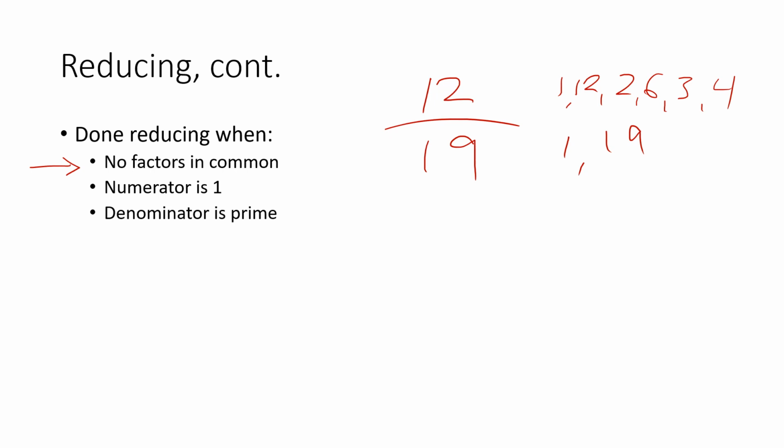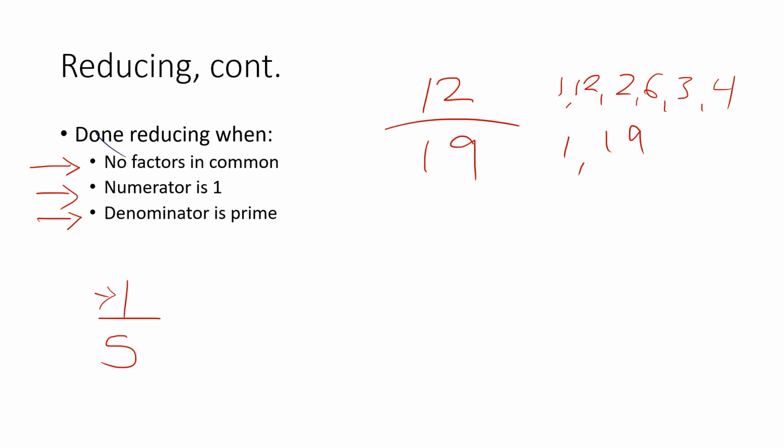The other way that we know we're done is if our numerator is 1. For example, if you're reducing and you get 1/5, right? You can't reduce any further with a numerator of 1. The third way that we know we're done, generally speaking, is if our denominator is prime. What on earth is a prime number? Maybe a vocab word from the high school or middle school math that's sort of rising out of the depths of your memory.